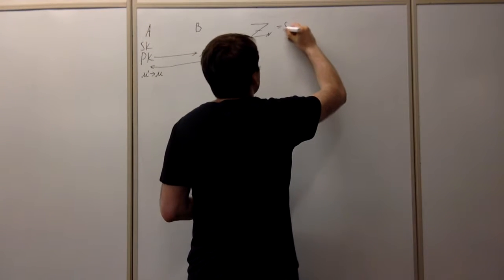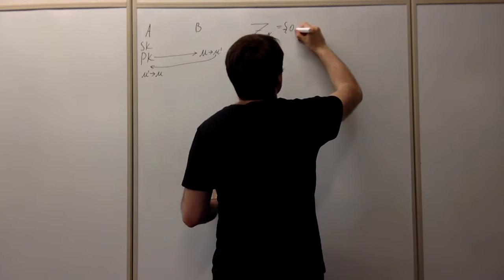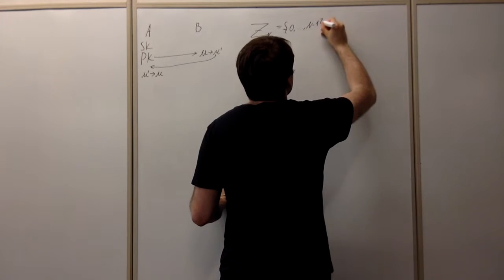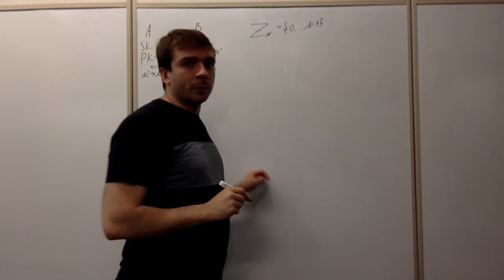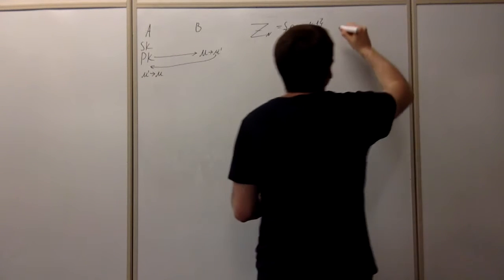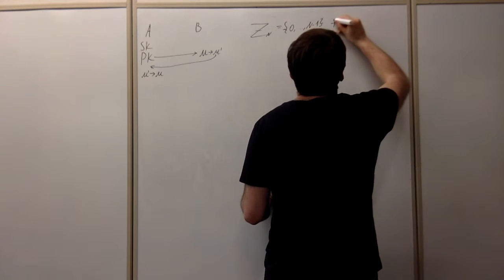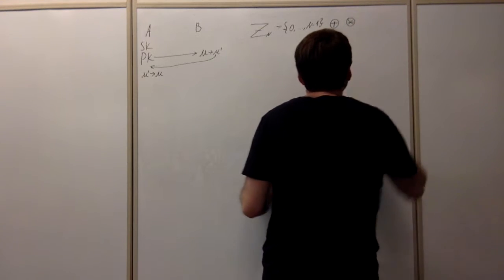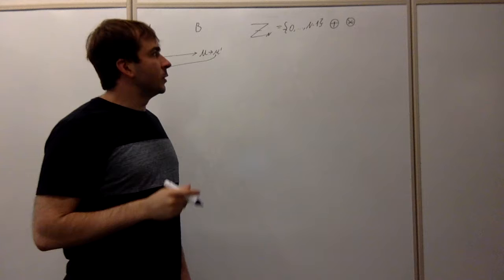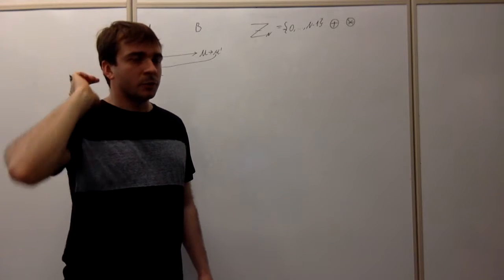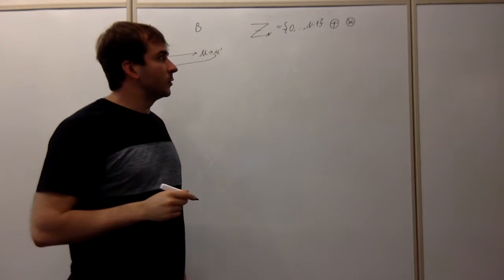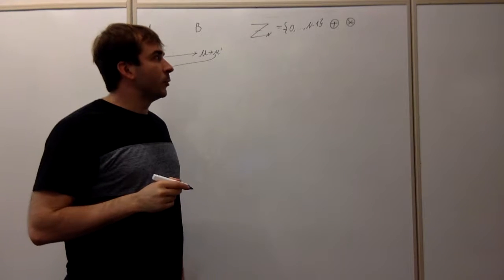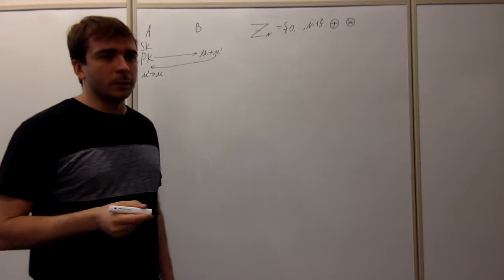It's a set of elements from 0 to n minus 1, such that there are two operations defined on the ring: operation plus and operation multiply. I won't talk about all the caveats of rings, but the simplest way to define these operations is plus modulo n and multiply modulo n.